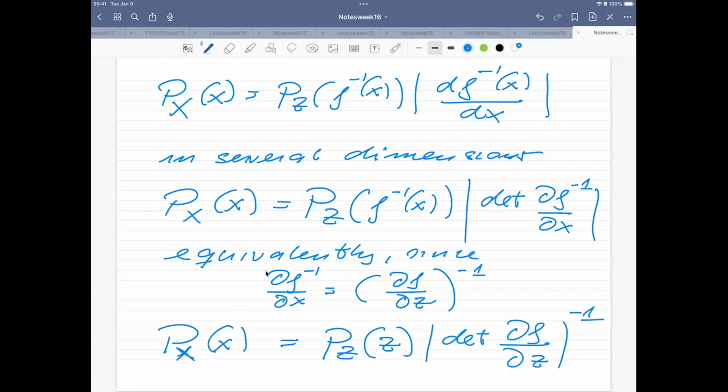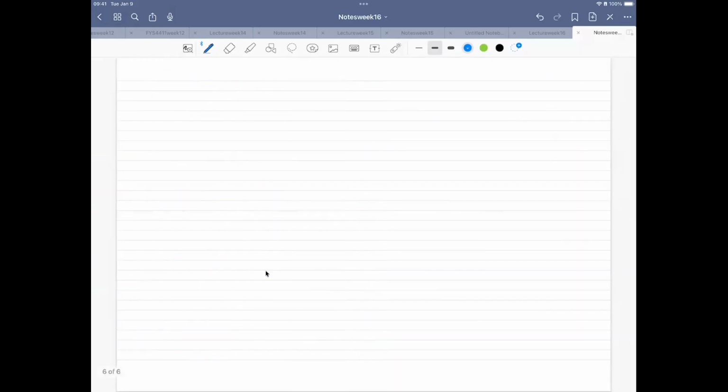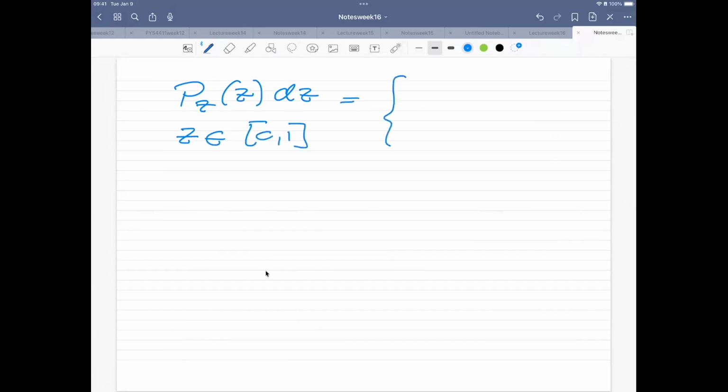As a final thing, let me show you an example which you probably have seen before. Let's assume that this probability p of z, and this is the case you actually have when you deal with random number generators, is given by the uniform distribution between 0 and 1. This is equal to dz when z is between 0 and 1, and 0 otherwise.